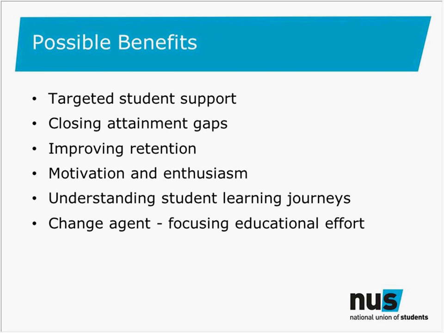The possibilities are probably limitless, but being able to target student support, to focus educational effort, to understand students' learning journeys and what works for them and what doesn't, to inspire, motivate, and infuse students about their learning is really great. And to close attainment gaps, particularly for underprivileged and typically underrepresented groups, particularly Black students, international students, and others.